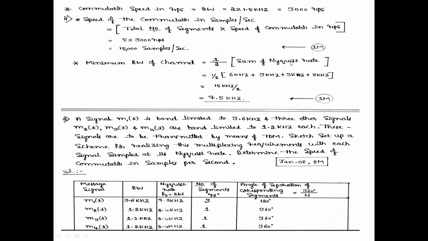Here the sum of the Nyquist rates is 6 kHz plus 3 kHz, 3 kHz, 3 kHz, that is 2 into 3 kHz plus 2 into 1.5 kHz three times. The total is 15 kHz, divided by 2, gives 7.5 kHz. It is the minimum bandwidth of the channel you require for the transmission of time division multiplexing signals.